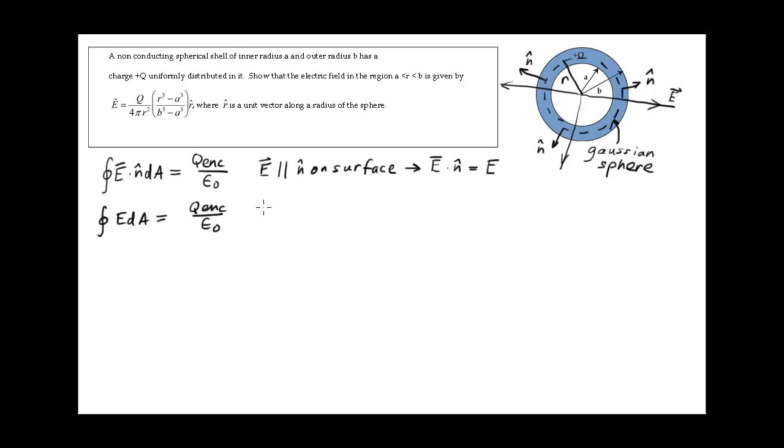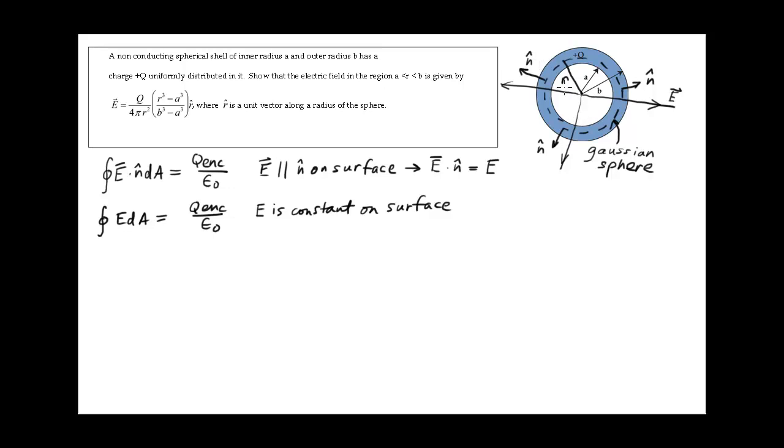But the next point is that E, because of the spherical symmetry, shouldn't matter where we are on this Gaussian surface. Top, bottom, left, right, wherever it is, the magnitude of E should be constant on the surface. And of course, that doesn't mean it's constant everywhere, because if we're close to the center or further away from the center, the value of E might be different.